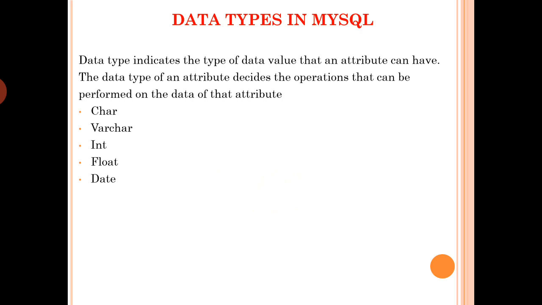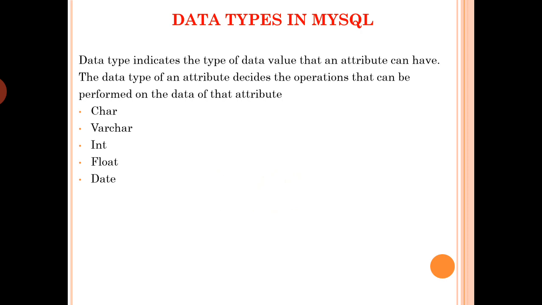The range of values allowed in integer type is -2,147,483,648 to +2,147,483,647. For values larger than that, we have to use bigint, which occupies 8 bytes.